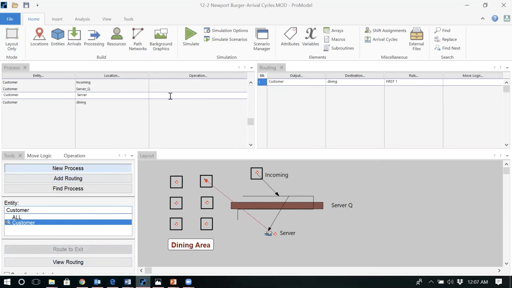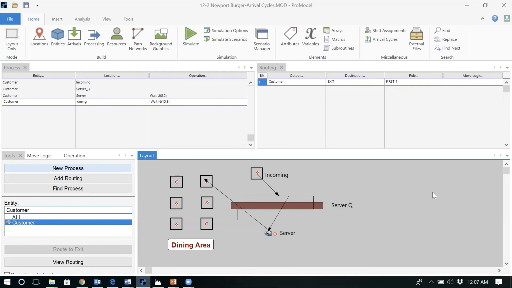The time that they spend with the server to place the orders and so forth has a uniform distribution, average 5, half-width 2, and the time that they spend at the dining table to eat their food has a normal distribution, average 15, and standard deviation 3. So we are now ready to run the simulation.